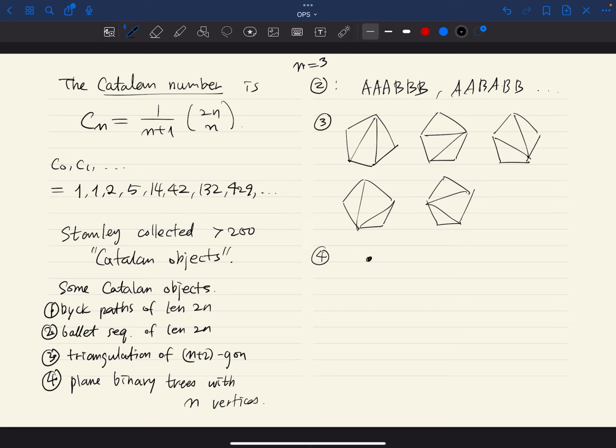It starts from the root, and it may have a left child or a right child or both. So with 3 vertices, it may have this, or this, or this. There are 5 objects like this. So there are many Catalan objects like this. There's a book written by Stanley, so if you're interested, you can check that out.